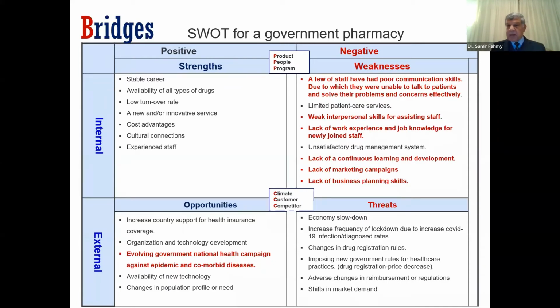And then weak interpersonal skills for assisting staff, lack of working experience and job knowledge, lack of continuous learning and development, lack of marketing campaign, lack of business planning skills. And we took an example from opportunities: the evolving government national campaign, as the government is really working in this area, wants to help, wants to support. So we will see how we can take this opportunity, get aligned with these campaigns and benefit from it as well.